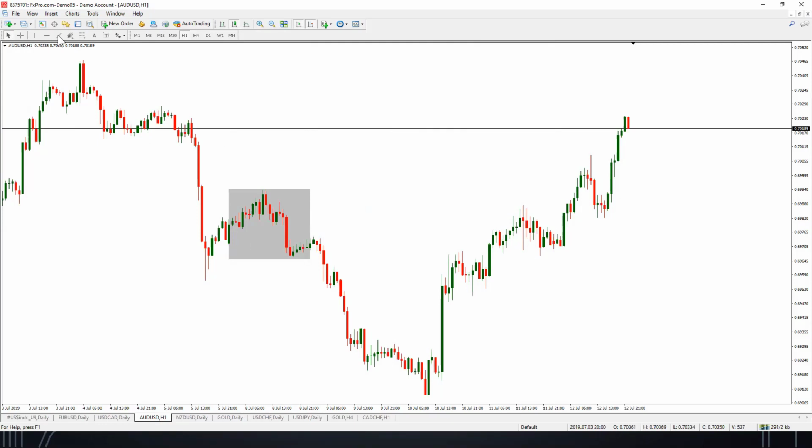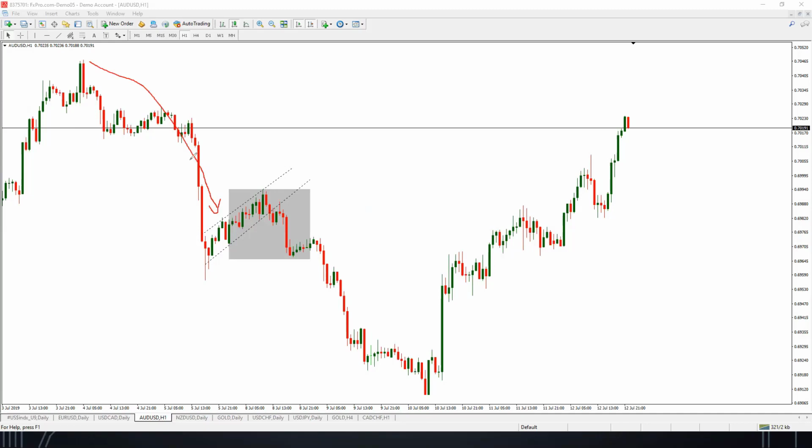Now we are on an H1 time frame. On the higher time frame we are going to the downside, but now we have dived down to H1 so that we can see the price action.